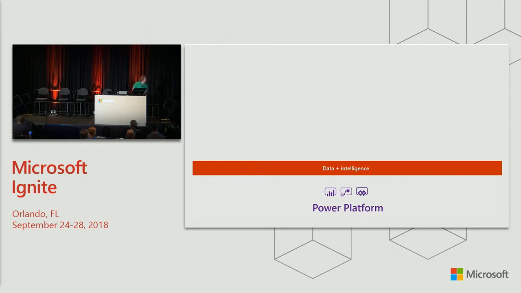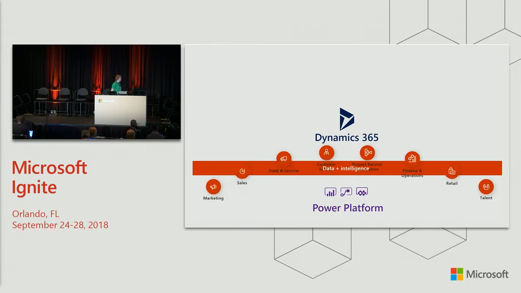Make sense? Sound good? And so when we look at that data and intelligence, that can be built on top of the Power Platform. The Power Platform being comprised of 3 primary entities. Number 1 being PowerApps, which includes the Common Data Service, 2 being Microsoft Flow, and 3 being Power BI. Make sense?